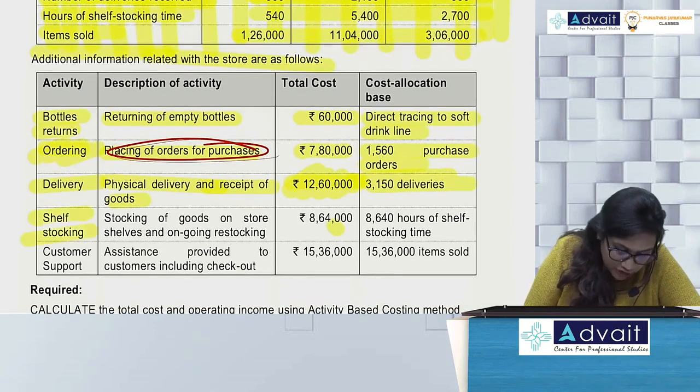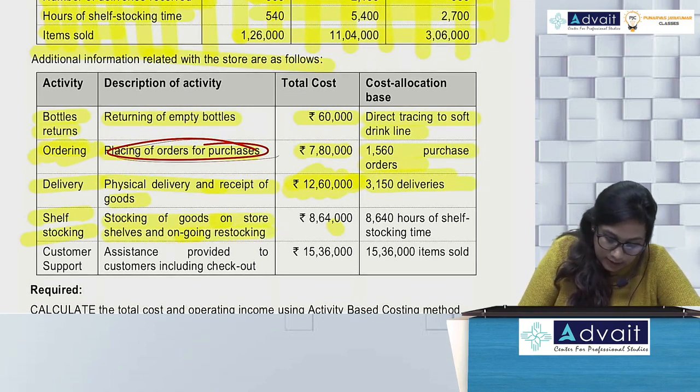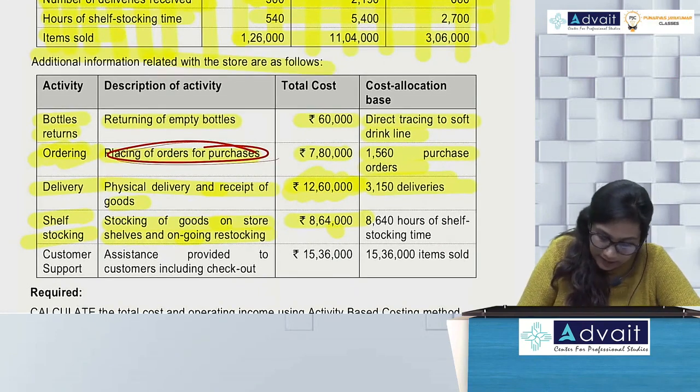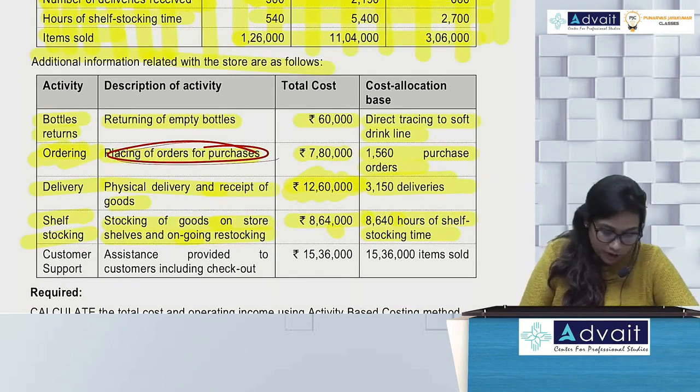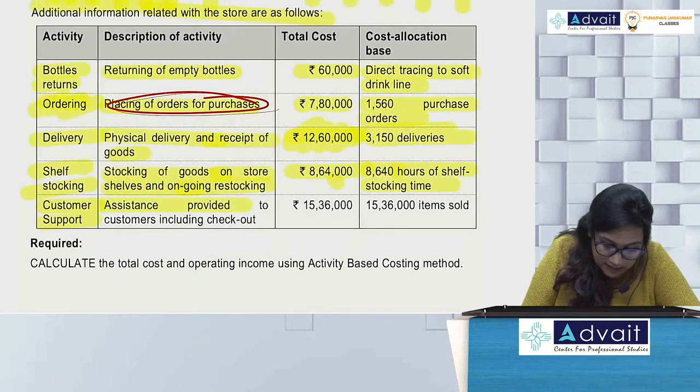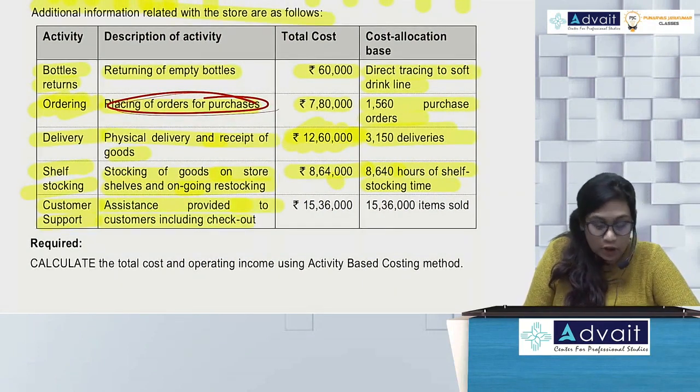Then you have shelf stocking, which is the next activity. Stocking of goods on store shelves and ongoing restocking, 8,64,000. Again, the driver for this activity is the shelf stocking hours, 8640, which they have given to us. Customer support is the last activity. Assistance provided to customers including checkout.